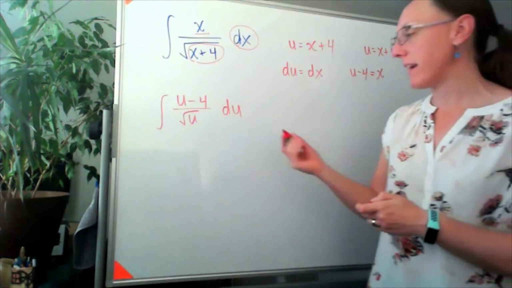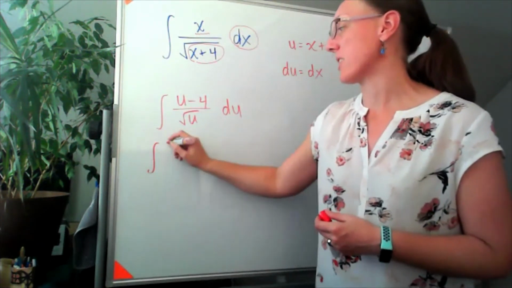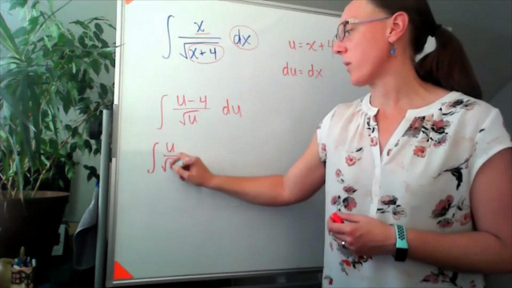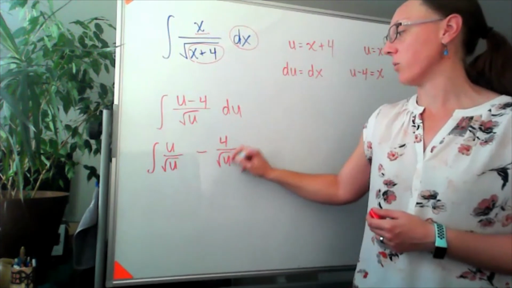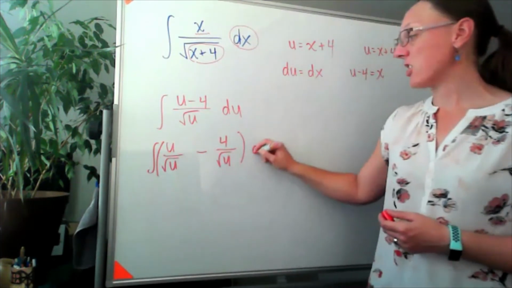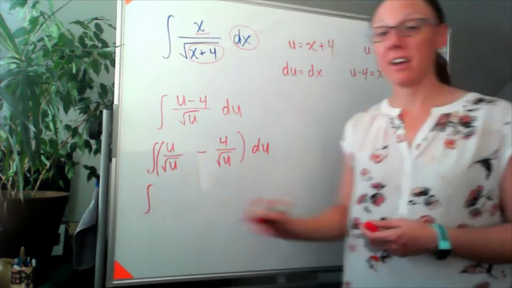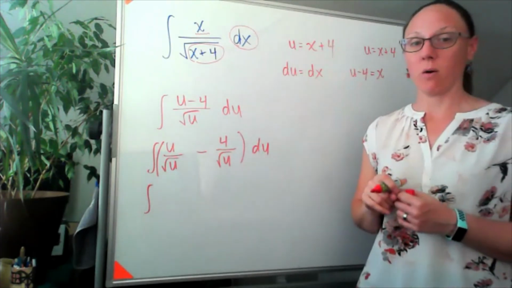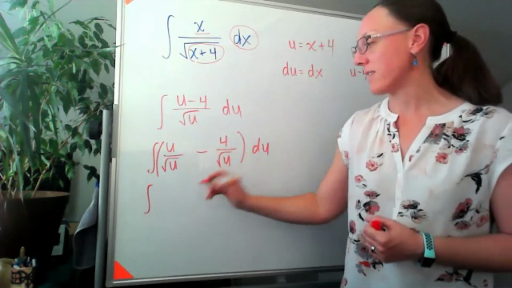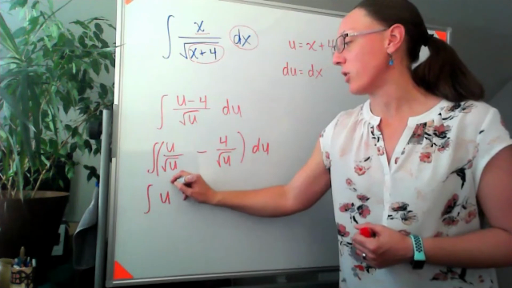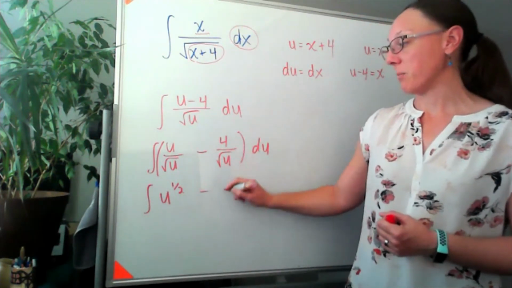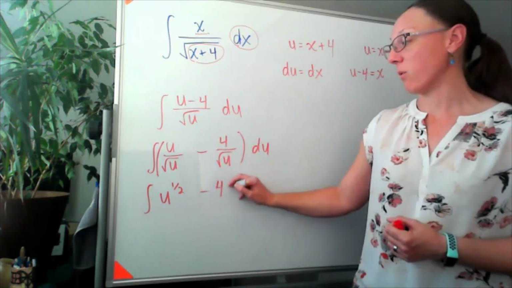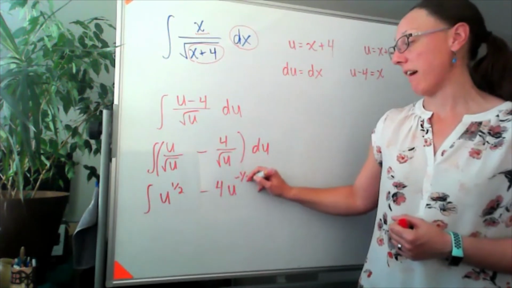So if I rewrite this now as separate fractions, u over the square root of u minus 4 over the square root of u, each of those I can write as u raised to a power. So u divided by the square root of u is going to leave me with u to the 1/2 power. And 4 divided by the square root of u is going to leave us with 4u to the negative 1/2 power.